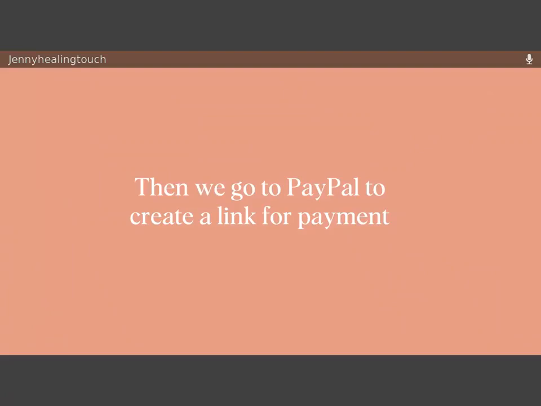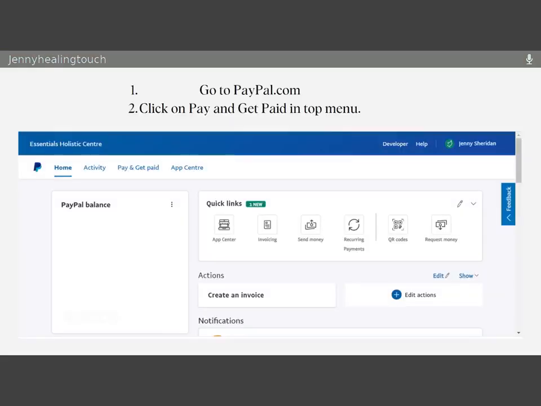So now we have our voucher created. It's up on the website, but we want people to be able to pay for it, don't we? Of course we do. So if you don't have a PayPal account, as far as I know, I think you have to set one up. I'm fairly sure you have to set up a PayPal account, but it's free. And it does make payments very easy.